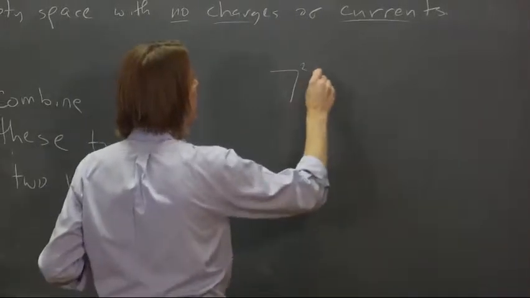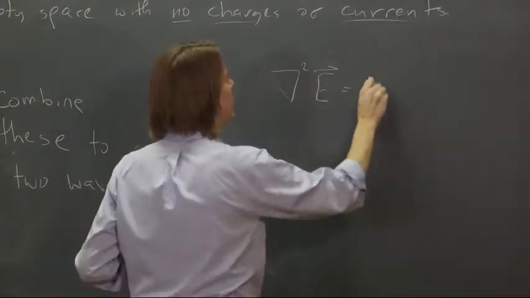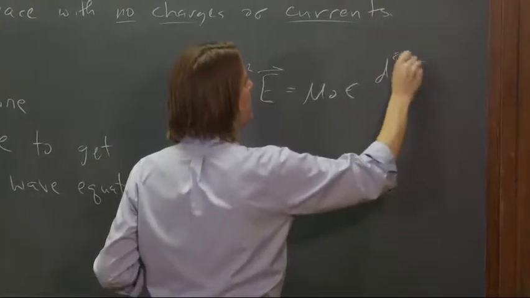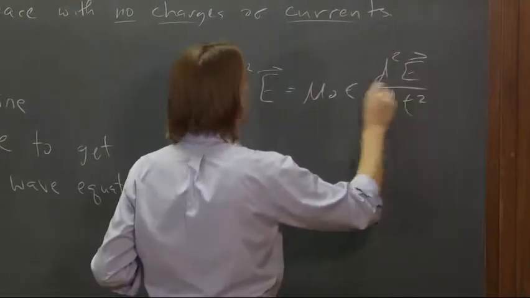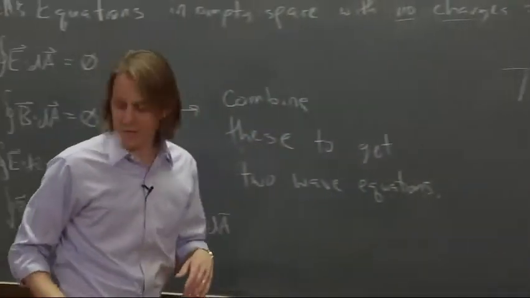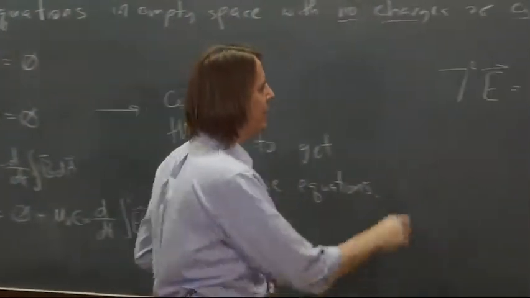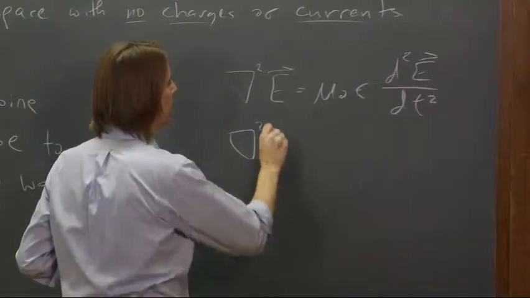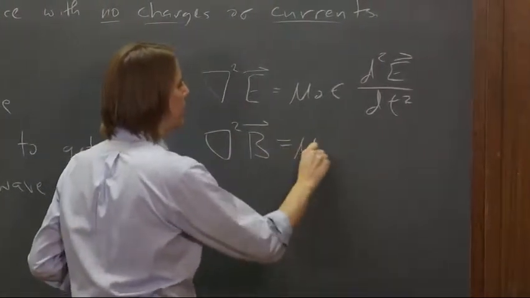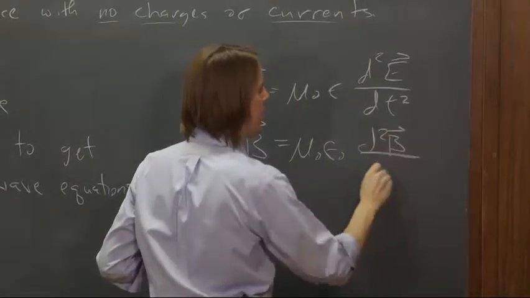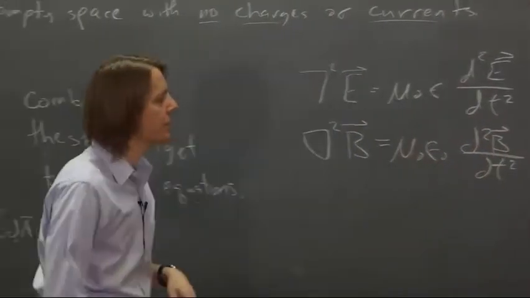But if you do that, you can show, I'll give you a little differential form, del squared E equals mu naught epsilon naught d2E dt2. So you find that to be the case for the electric field, and it's exactly the same for the magnetic field. Del squared B is mu naught epsilon naught d2B dt2.